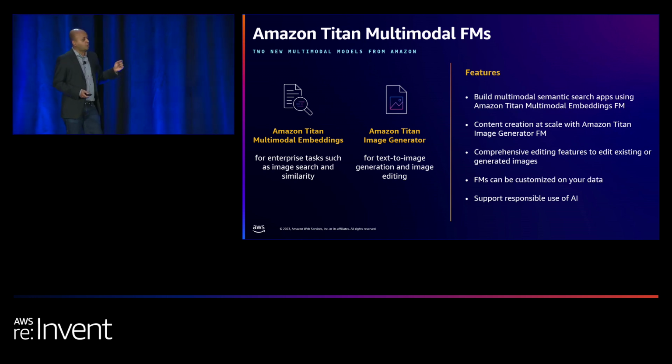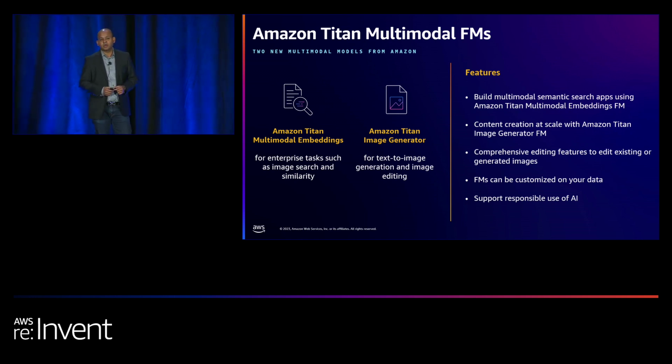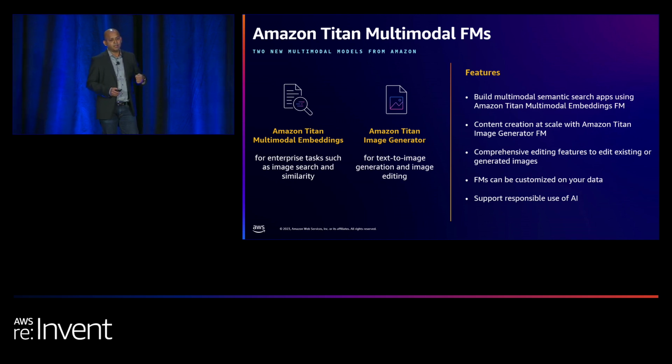We also provide a comprehensive set of features with our image generation model. So not only text to image, but inpainting, outpainting, and we differ in the case of outpainting, again focusing on advertising and marketing use cases, or even e-commerce. If you are a seller, you can bring in your product image.